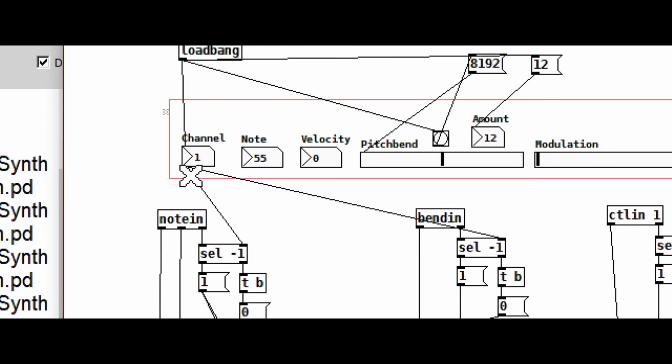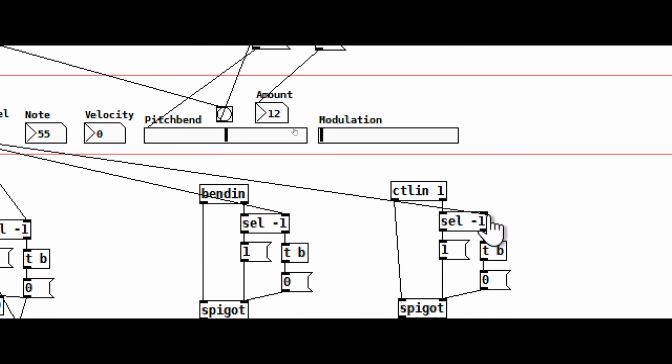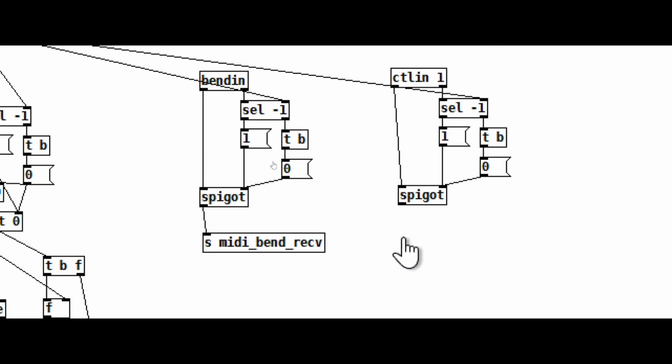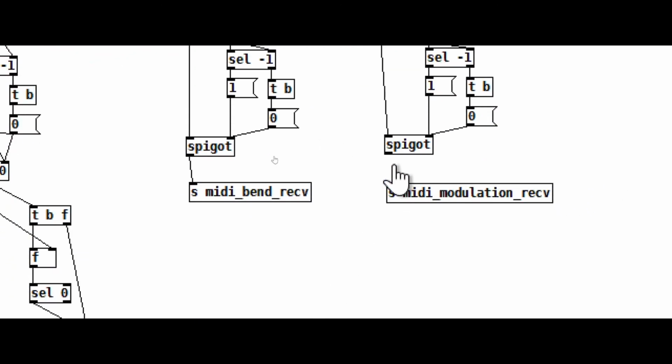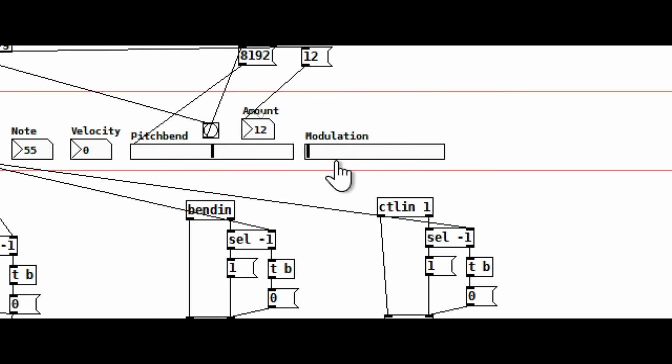And then we need to have the channel go into the right inlet of select there. So that way the user can change the channel that this synth receives on. And then away you go. And this will send MIDI modulation receive. So this basically is sending it to here. So when you move the modulation touch strip, or modulation wheel, it should move this.